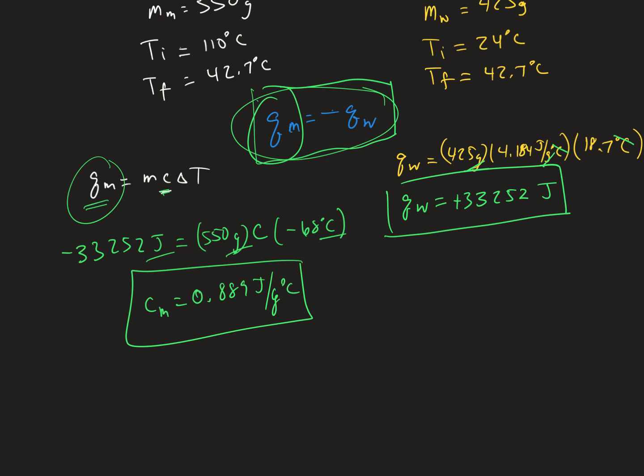We good? Yeah. For these heat problems, it's always Celsius, right? Or you could use Kelvin, you could use either one. And just know joules per gram degrees Celsius is the same as joules per gram Kelvin.